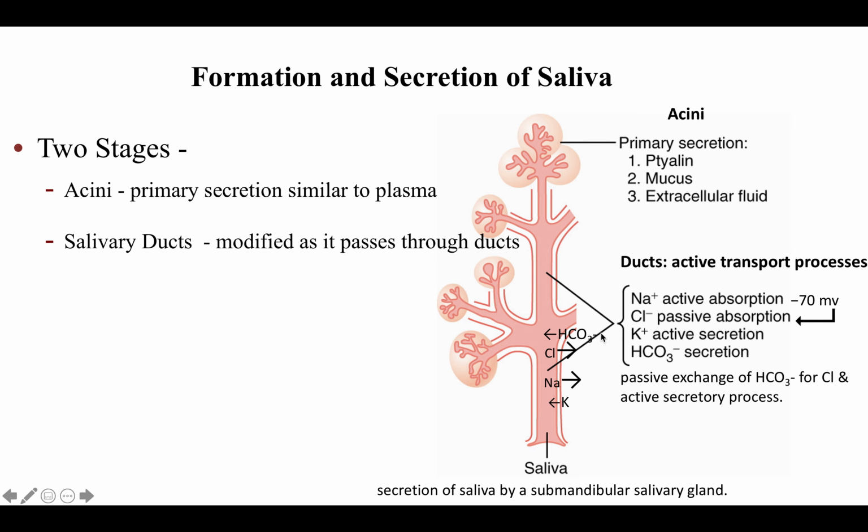This would result in passive absorption of chloride ions from the ducts. Also, potassium is actively secreted to the ducts, and bicarbonate is secreted either passively or actively to the ductules.